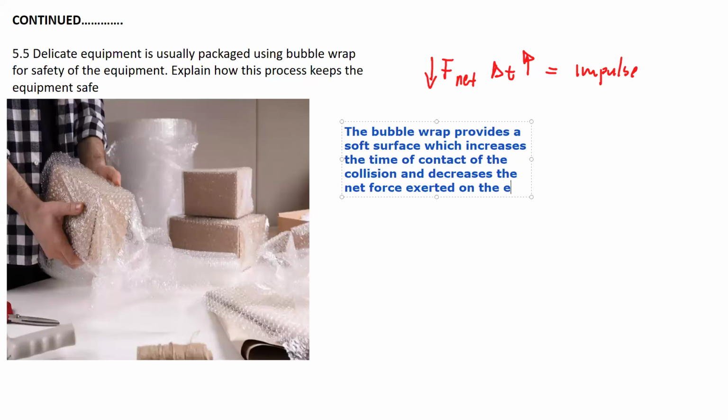This is worth 3 marks, by the way. So once you increase time, as always, you will decrease the force. That's how you put an explanation for this.